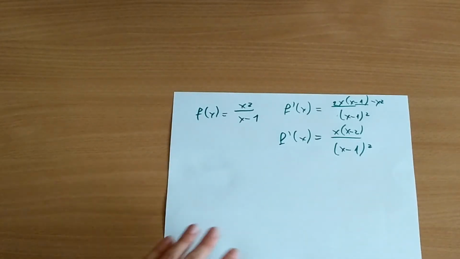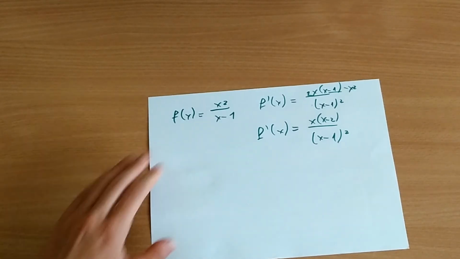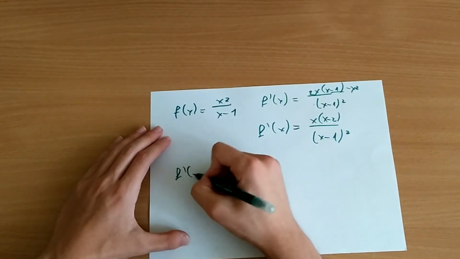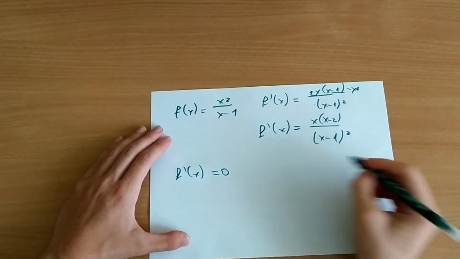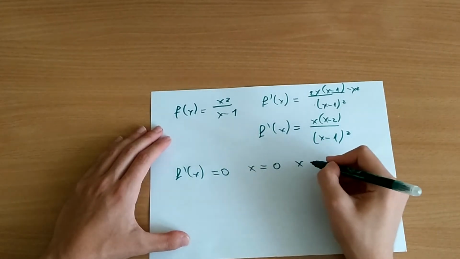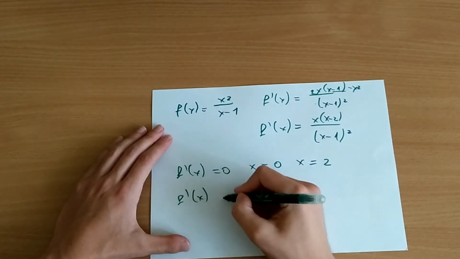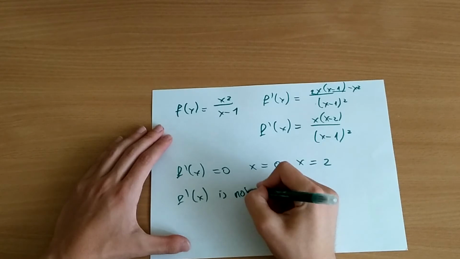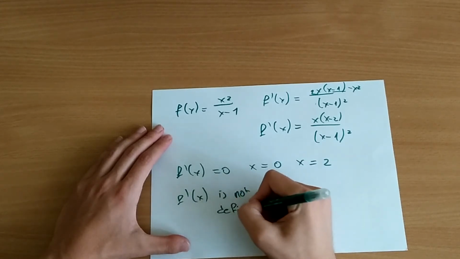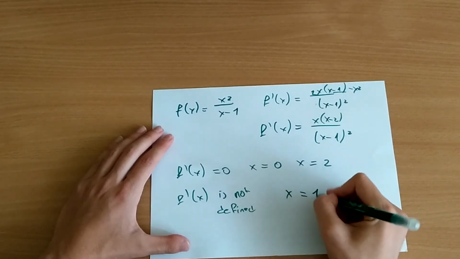Okay, so we need to find where the derivative is equal to 0 or it is not defined. So where does f prime of x equal 0? When x is equal to 0 or when x is equal to 2. And where is f prime of x not defined? Well, it's not defined at x equal to 1.